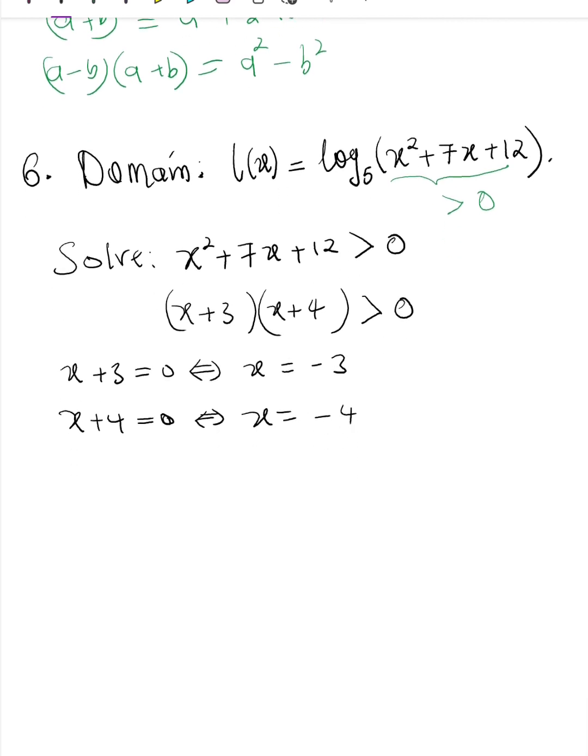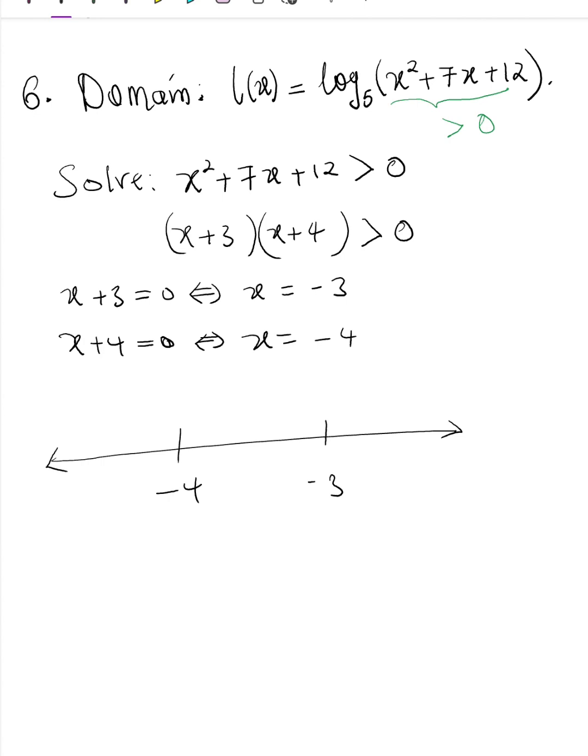Okay, so after finding the critical values, we're going to do the sign test. So I put my negative 4 here and I put my negative 3 here. So this is a number line.